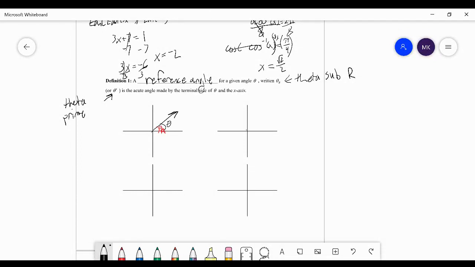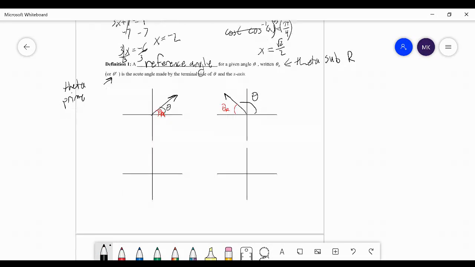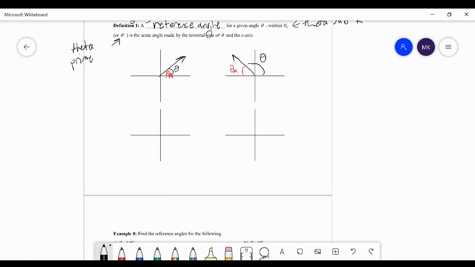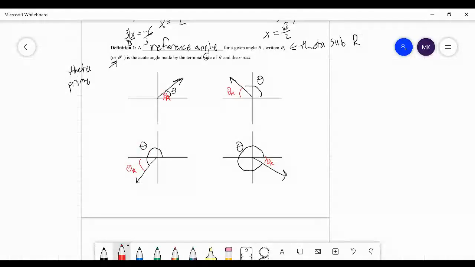But if we have it in the second quadrant, this is our angle theta, theta r is this angle here. Third quadrant, this is our theta, theta r is just this angle here. And lastly, in the fourth quadrant, that's our theta, and this is our theta r. So visually speaking, this is our reference angle.